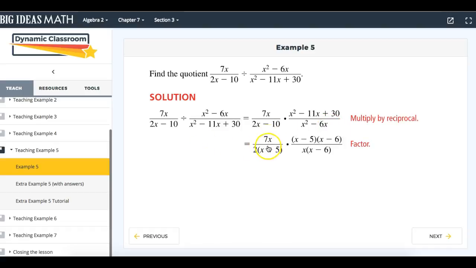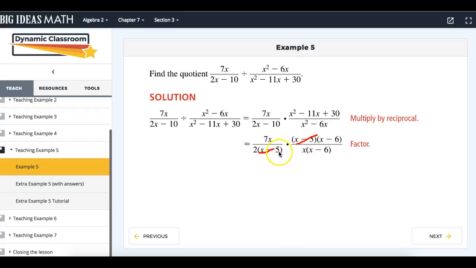So what we get is 7x over, we factor out a 2, we get x minus 5. So 2x minus 10 with a GCF of 2 taken out is x minus 5. Our top numerator on our second function, which we've flipped now, is x minus 5 times x minus 6, and our denominator goes to x times x minus 6. You'll see we've got some things we can cancel out right here. X minus 5, x minus 5. Remember, you can take these out.